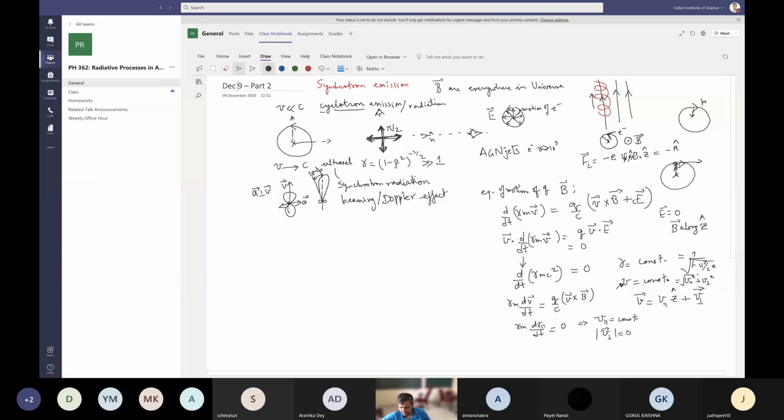If v is a constant and v parallel is a constant, v perp is also a constant. But v perp changes direction, right? The perpendicular velocity goes around in a circle, so it must change direction.